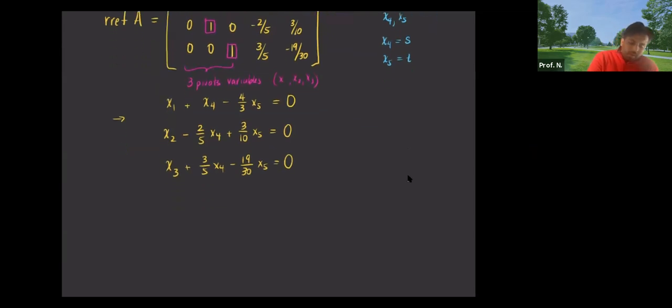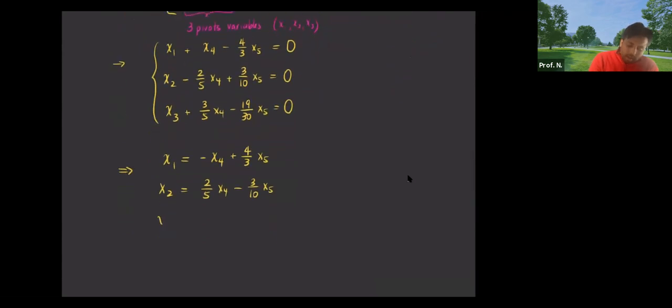So when we solve for x1, x2, and x3, I get x1 is negative x4 plus 4/3 x5. I get x2 is 2/5 x4 minus 3/10 x5, pardon me, it should be minus. And then x3 is negative 3/5 x4 plus 19/30 x5.